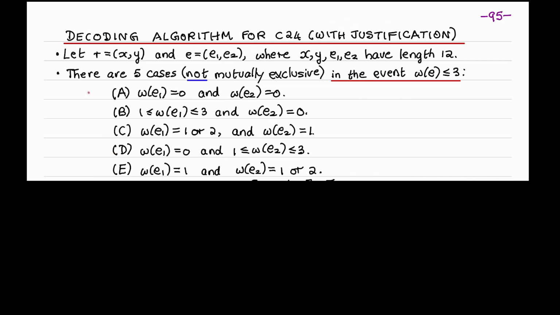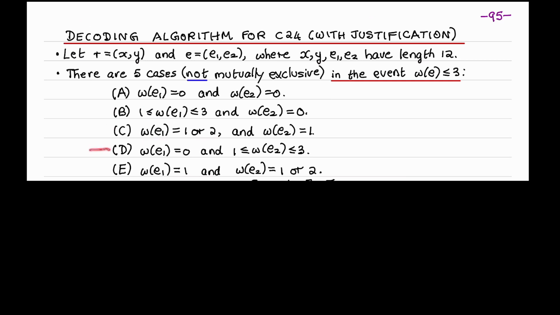Type A is the case where the error vector is the 0 vector, so both E1 and E2 have weight 0. Type B is the case where the right half of the error vector is a 0 vector, and the left half has weight 1, 2, or 3. Type C is the case where the right half of the error vector has weight 1, and the left half has weight 1 or 2.